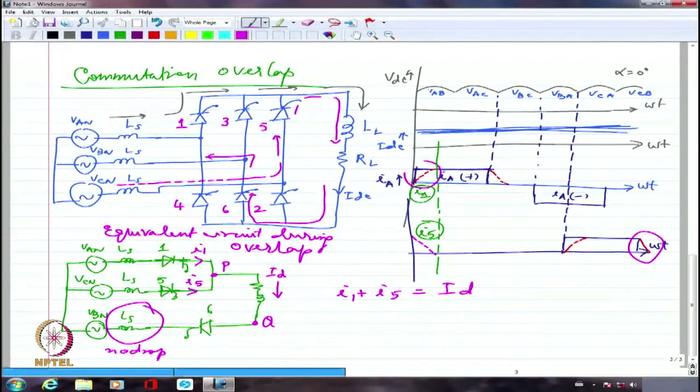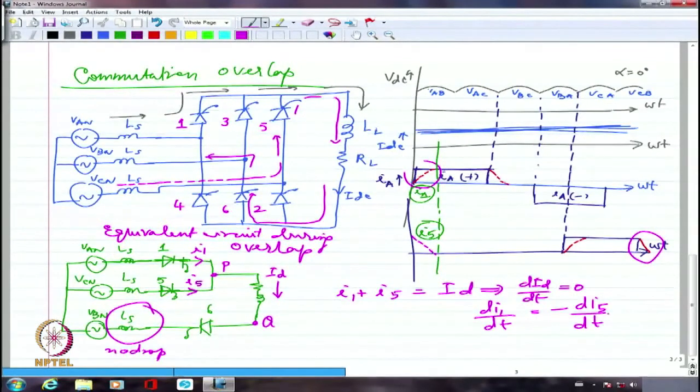That's why we said device number 6 is carrying a constant current. Because dID by dt equal to 0, dI1 by dt equal to minus dI5 by dt. The rate of rise of current in 1 should be equal to the rate of fall in current in 5. That we already said, which we are writing again.